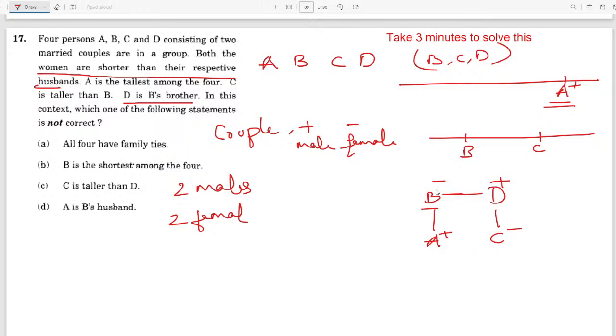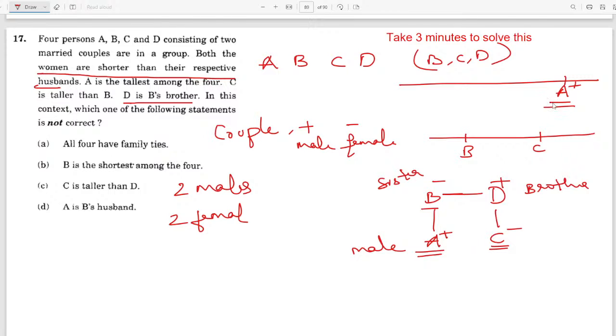B is the sister, D is the brother. And C is female here, and A is male. We have found out A is male because A is the longest person in the group, and since both the women are shorter than their respective husbands.